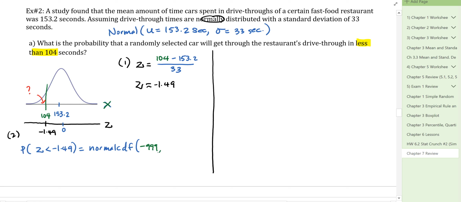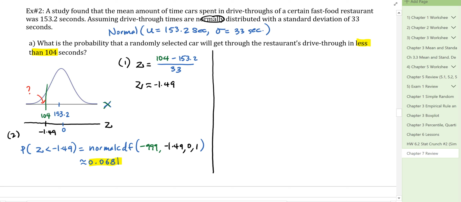My upper bound is negative 1.49. I've converted to z already, so my mean is 0 and standard deviation is 1. Enter that in your calculator and approximate the answer to 4 decimal places. That's approximately 0.0681. So that's my answer.